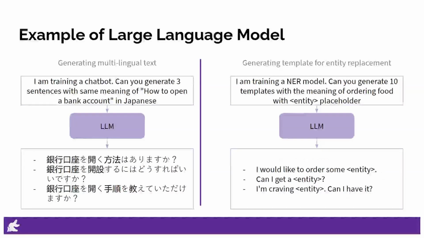On the other hand, we may encounter multilingual problems where LLMs can be of great assistance. We can provide an English seed record and ask the LLM to generate similar text in another language. For instance, we can request the LLM to generate "How to open a bank account" in Japanese. As expected, the LLM can generate some accurate records.